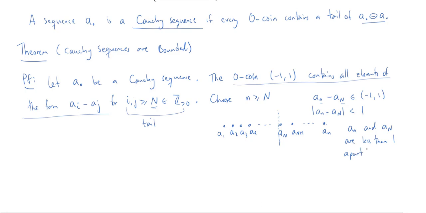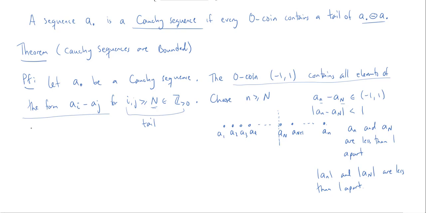Okay, so they're somewhere on the real number line. We have no idea where they are, but when we find one of them, the other one can't be more than 1 away. Now, if we take absolute values of those numbers, that still has to be true, right? The absolute values still have to be less than 1 apart. So the absolute value of A_n and the absolute value of A_N are less than 1 apart.